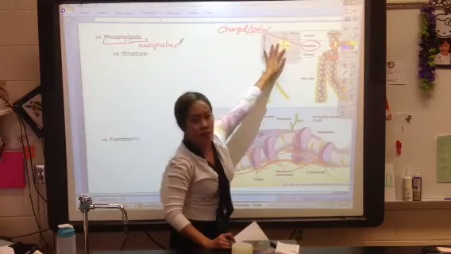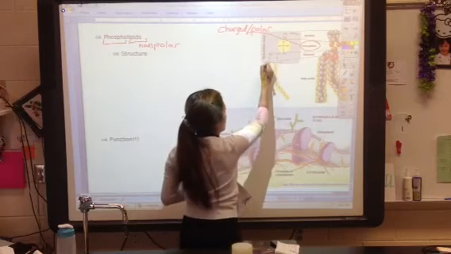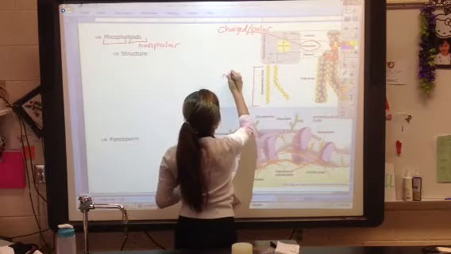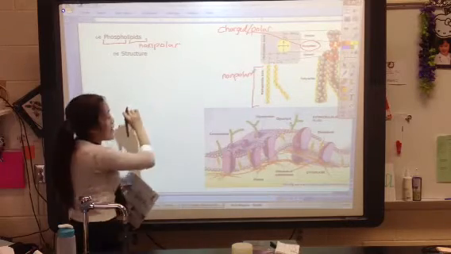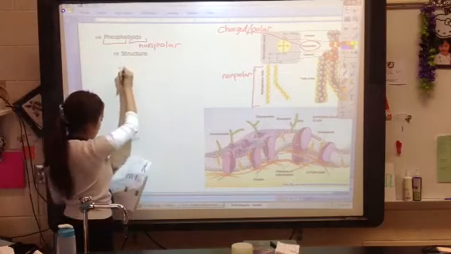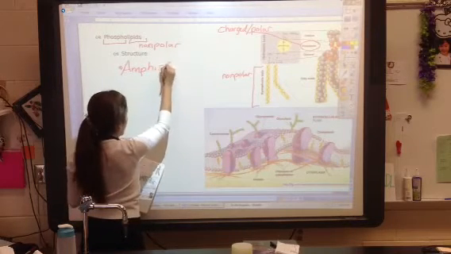Because we have that charged phosphate group and this very nonpolar tail, your phospholipid is actually known as amphipathic.